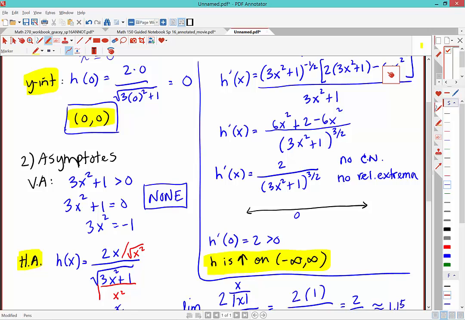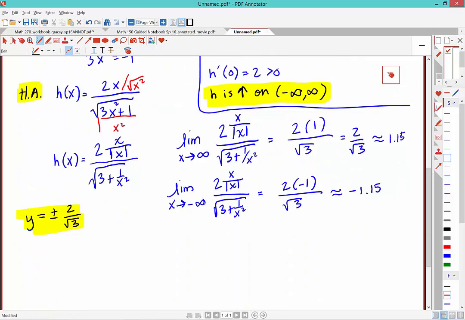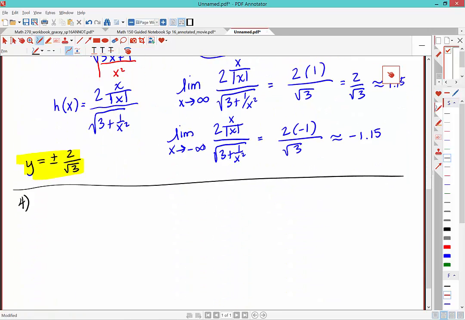Okay, so now the next step is going to be dealing with concavity and points of inflection.